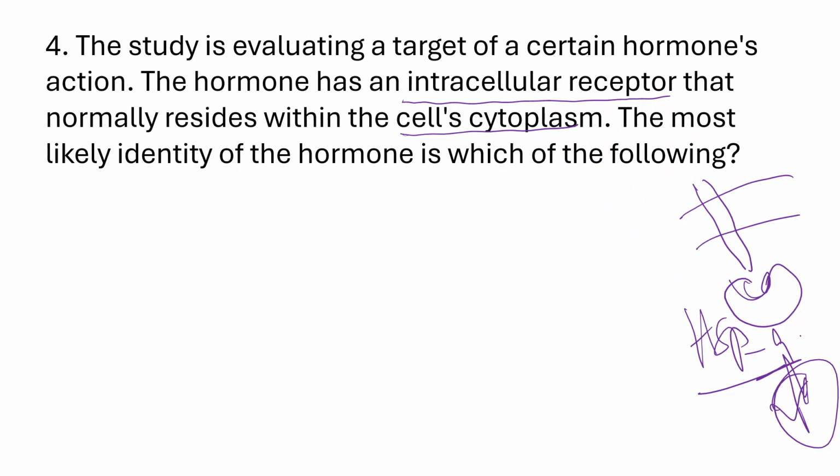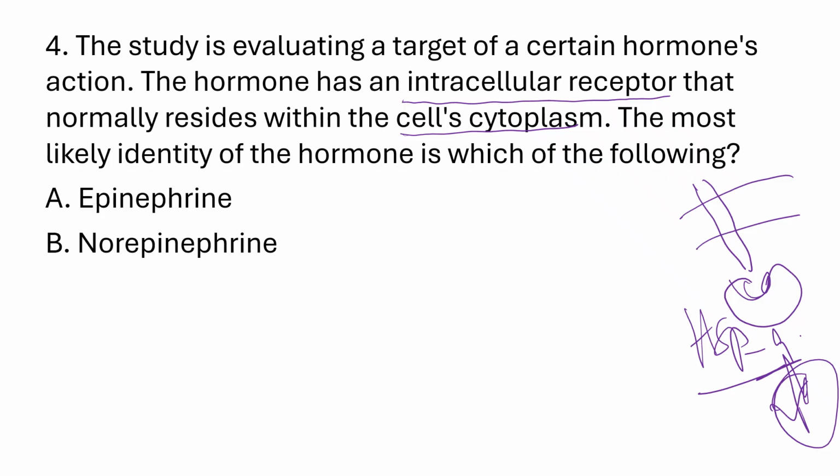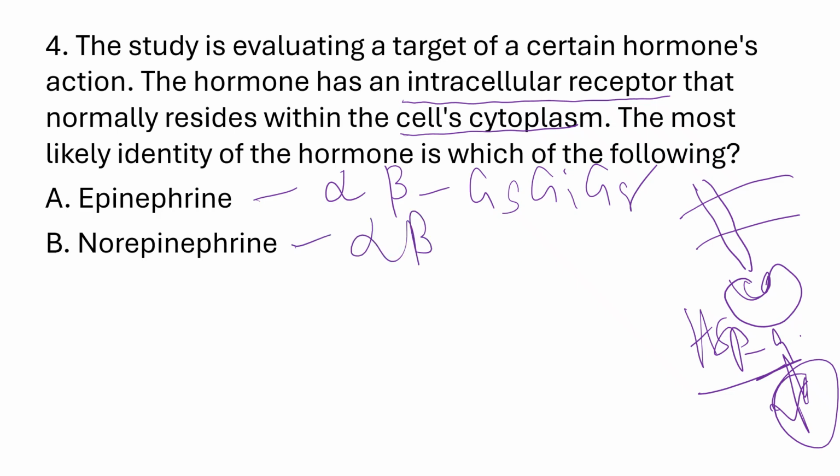So identify the hormone. Epinephrine, no, right? So epinephrine, alpha adrenergic, beta adrenergic, these are G protein stimulatory or G protein inhibitory or Gq, right? Norepinephrine also, like alpha and beta, those are not intracellular. Cortisol, right? That is the correct answer.